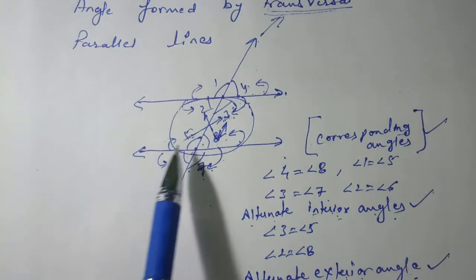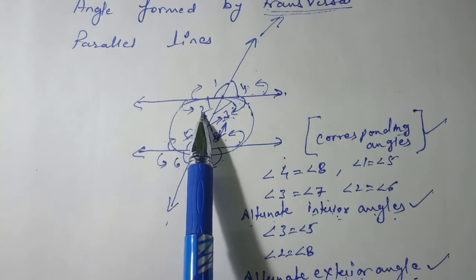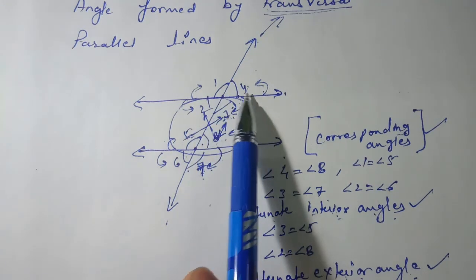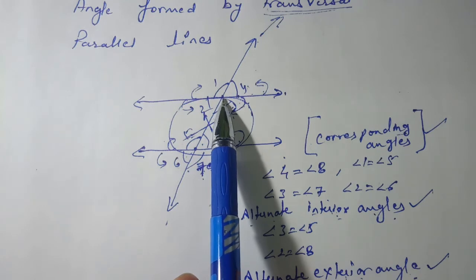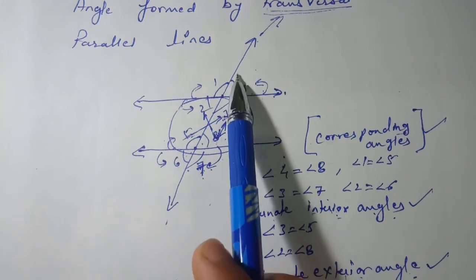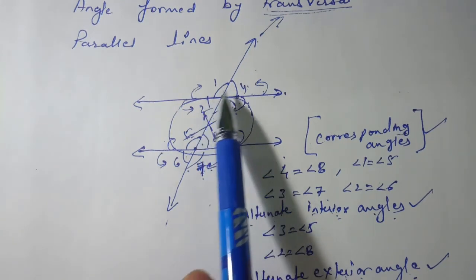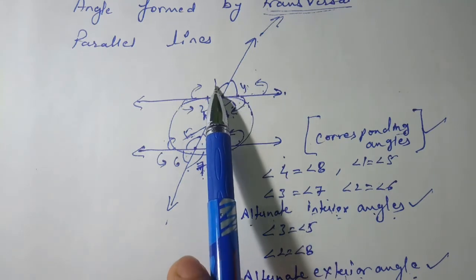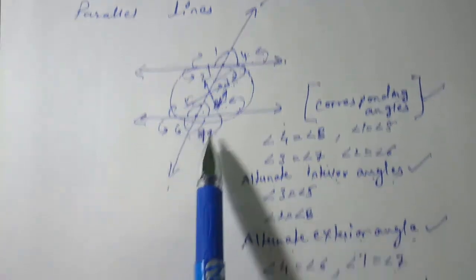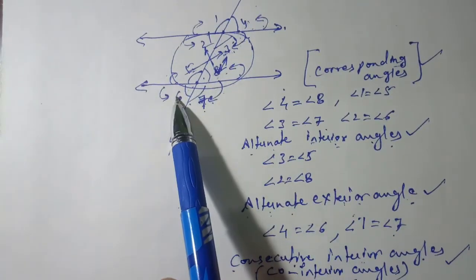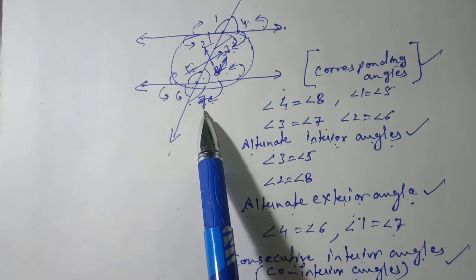Besides these four, we can also observe the linear pair. If we consider only one of the parallel lines and the transversal, we have angle 2 equal to angle 4, vertically opposite angles; angle 1 equal to angle 3; and in the next line angle 8 equal to angle 6, and angle 5 equal to angle 7.